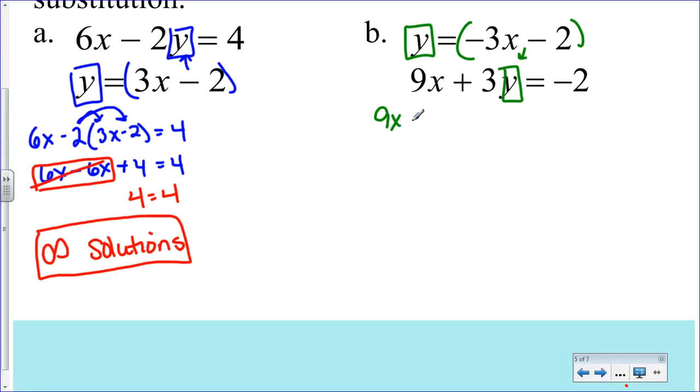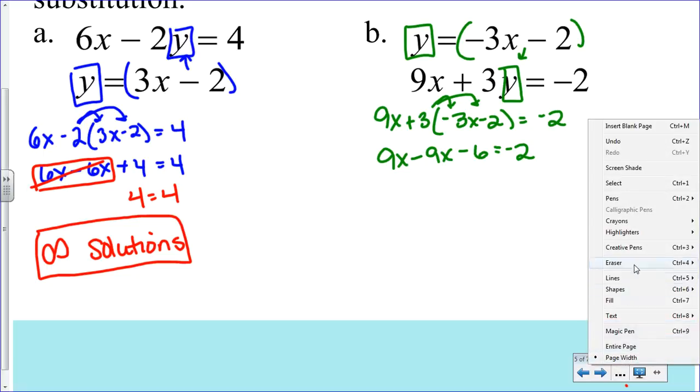So we're going to do 9x plus 3 times the quantity negative 3x minus 2, and that's equal to negative 2. Okay, so we plug the negative 3x minus 2 in for the y in parentheses. We're going to distribute. So I have 9x, and then 3 times negative 3 gives me negative 9x, and 3 times negative 2 is negative 6.